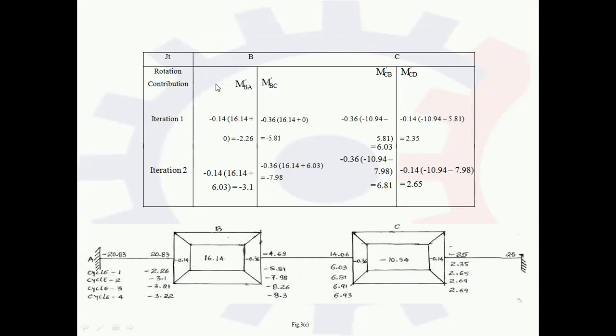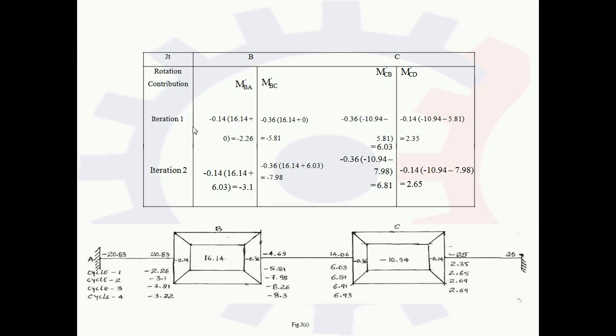Now this rotation contribution value is called the M dash value. So we have to calculate M dash BA, M dash BC, M dash CB and M dash CD. For M dash BA in the first iteration, the far end moment is 0.